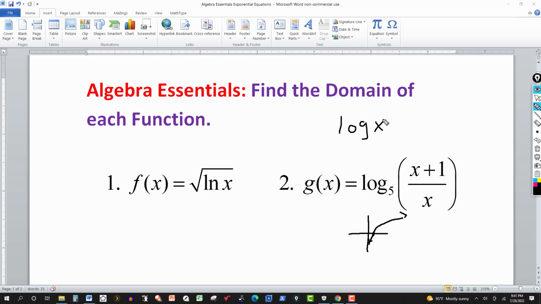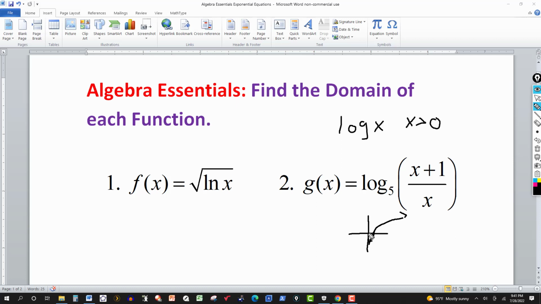Now generally, when you're talking about log of something, this has to be positive. The log of a negative is not defined. But in this case, you don't want to say that the domain is just x greater than 0, because notice if x is greater than 0, it's going to be negative.